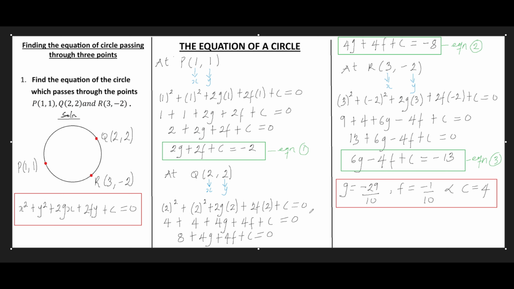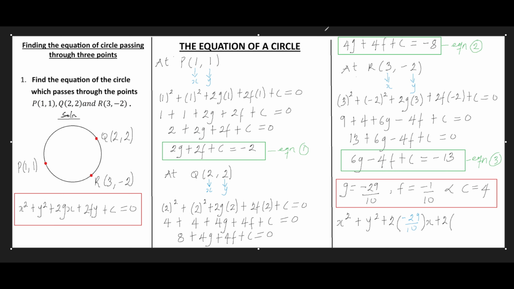So the general equation of a circle, we have a term for x squared. We have a term for y squared. We have 2g. Remember, we had g as minus 29 on 10. Then we have our x plus 2fy.